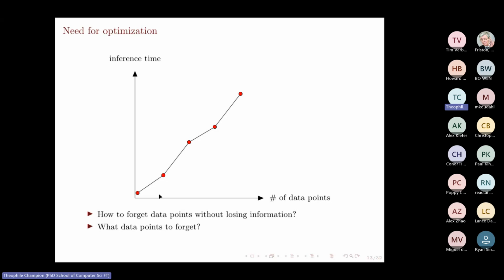But as we forget some of the data points to stay on the left, we need to do it in such a way that we don't lose the information provided by these points. So how can we do that? And also, a second question is going to be, what data point do we even want to forget? Okay, how do we make this decision of what we keep and what we forget?